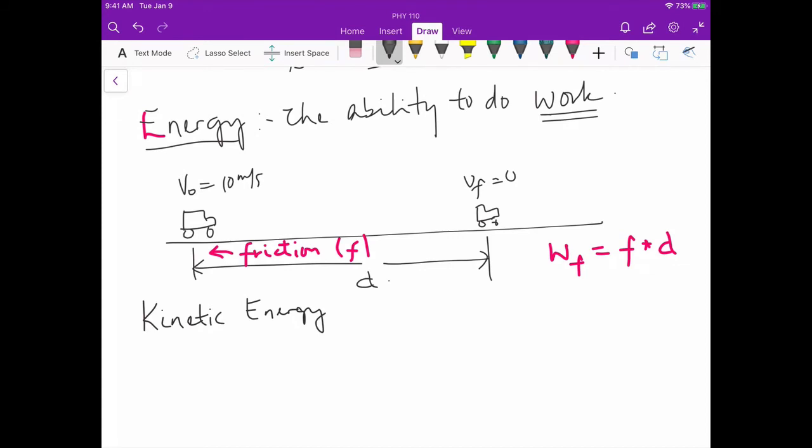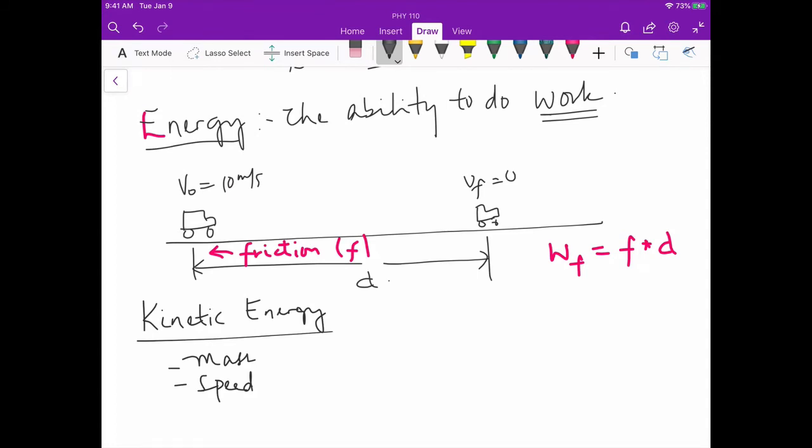If an object has mass, and if an object has velocity or speed, then that object can do some work. It can do some work, I'm sure.